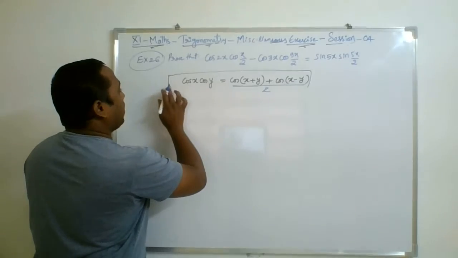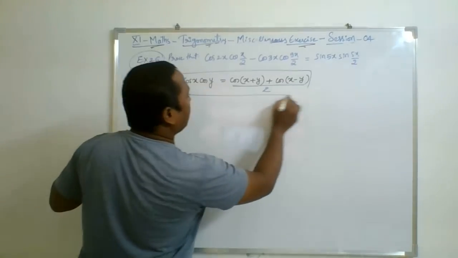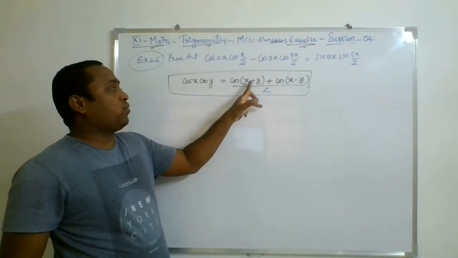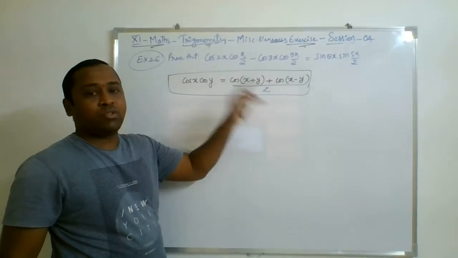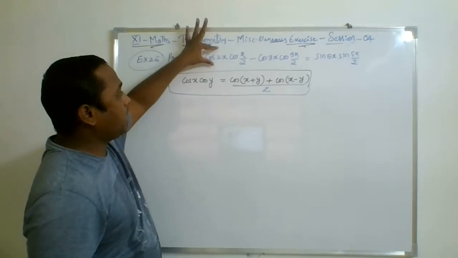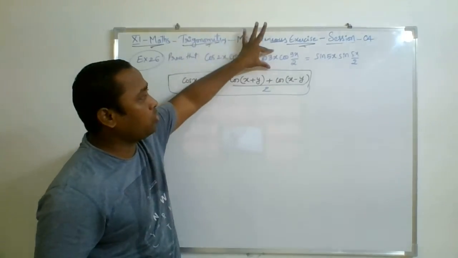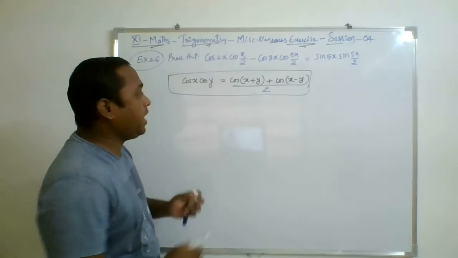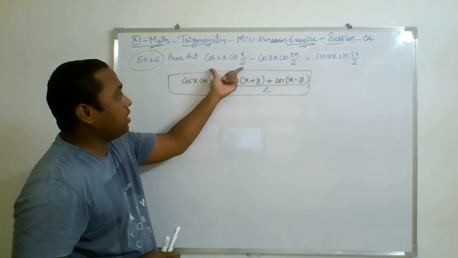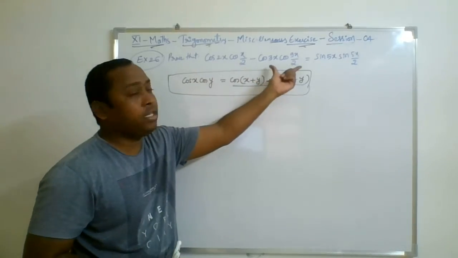So I can also write cos x into cos y means cos of x plus y plus cos of x minus y by 2. With the help of this formula, I can solve this. I am applying this formula twice, first in this part and then in this part.